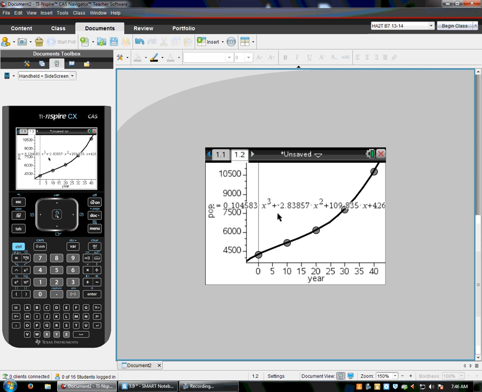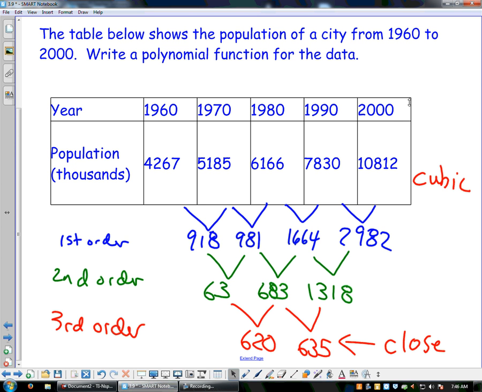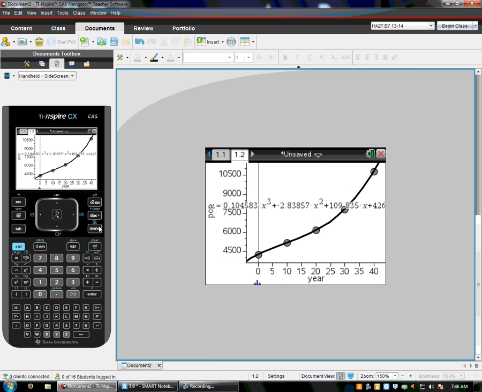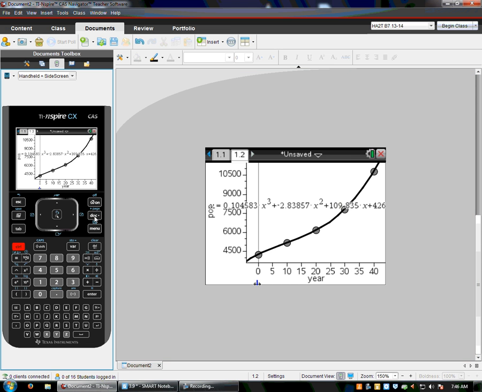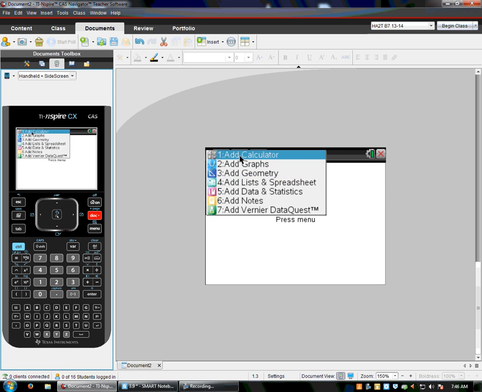And the nice thing is we can actually test out what you would predict. Let's say the follow-up question to this problem is to predict the data in the year 2010. So you can add a calculator page. Let's go to menu, control doc, add a calculator page.